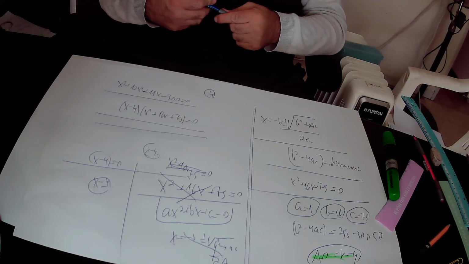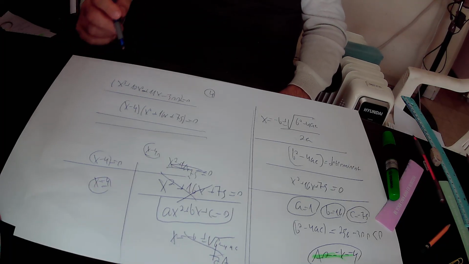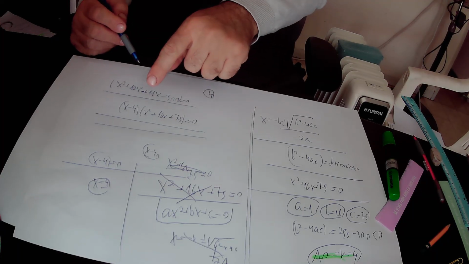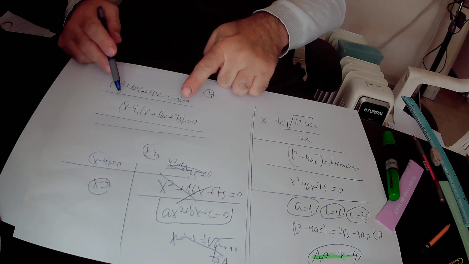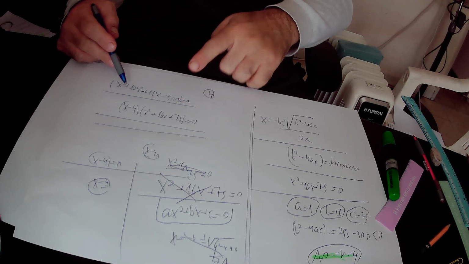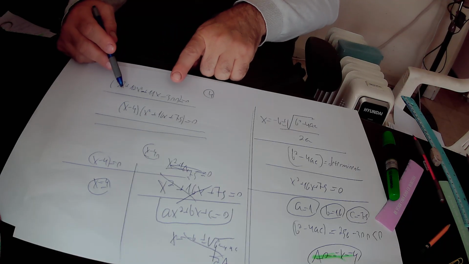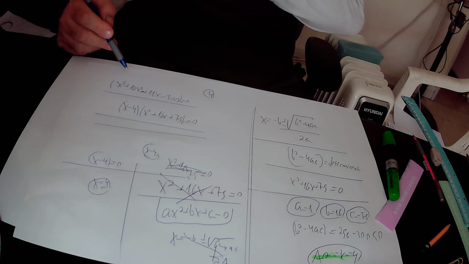This expression is identical to this expression. If you just open the brackets of this expression, you will get that those two expressions are identical. Therefore, we can substitute this expression by this expression that is identical to it. So this expression equals 0, and therefore this expression must also equal 0 because those two expressions are identical.